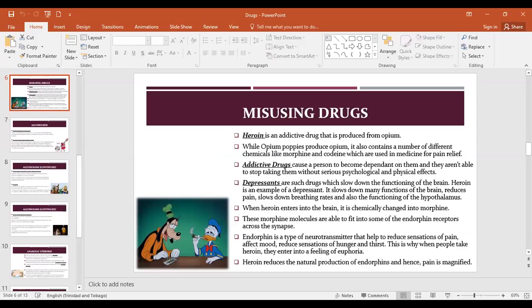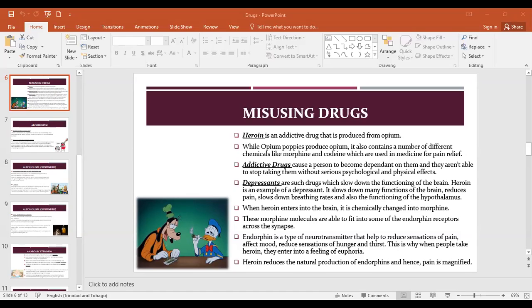Okay, now we get to drug misuse. So we know about heroin, right? Now, you take medicines, you take pharmaceuticals, and you utilize them in certain quantities to help you. What happens is that you can become addicted or dependent on particular drugs.